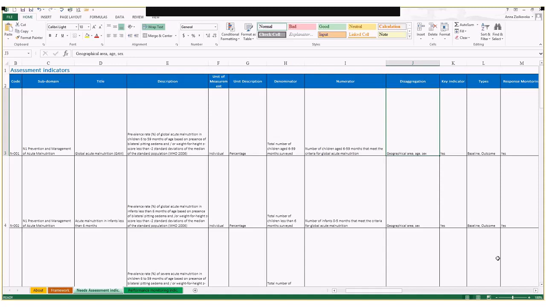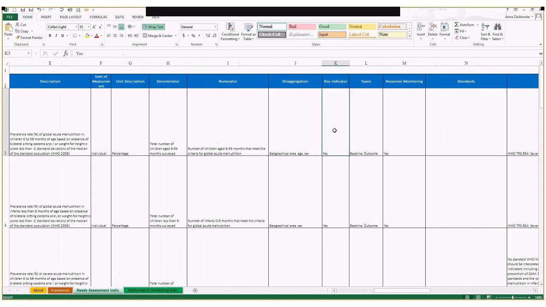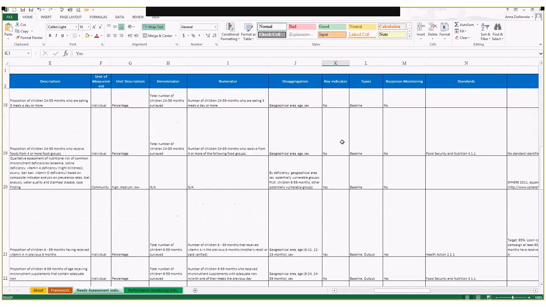Then there is such a thing as key indicator. Key indicator means that it's a very important indicator and it's likely that it would be included in the HRP. There are also some indicators which are not considered key. Let's say, for example, proportion of children 24-59 months who receive foods from 4 or more food groups.